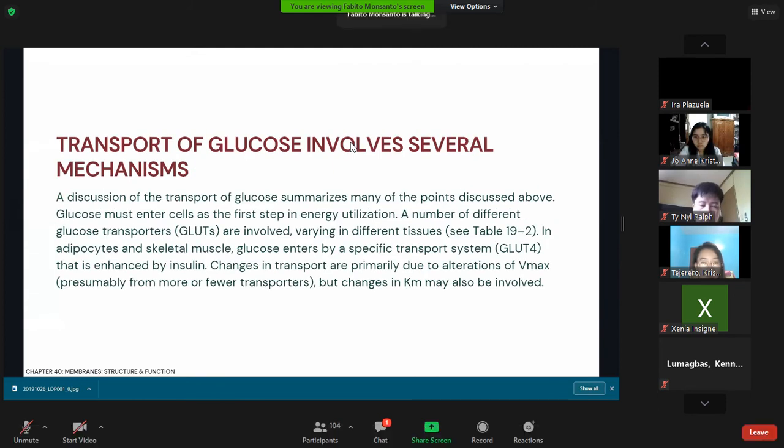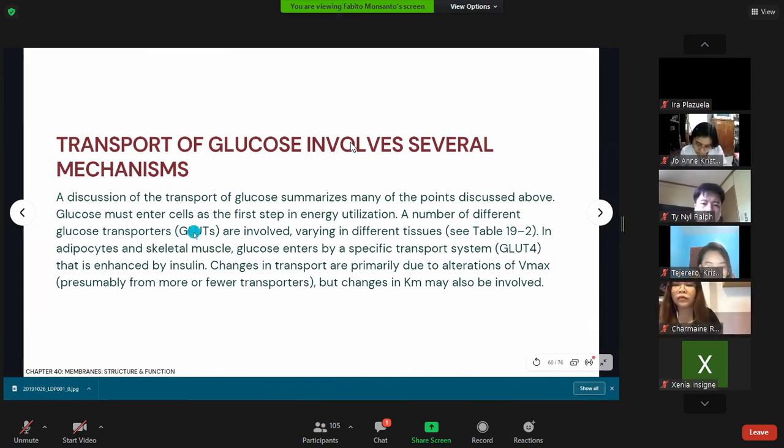Transport of glucose are mediated by glucose transporters or GLUTs. There are 5 GLUTs, GLUT 1 up to 5. GLUT 1, GLUT 2, GLUT 3, GLUT 4, GLUT 5. Okay?